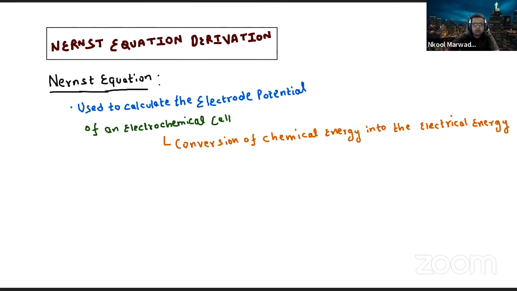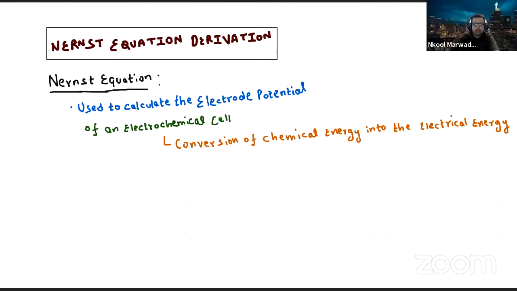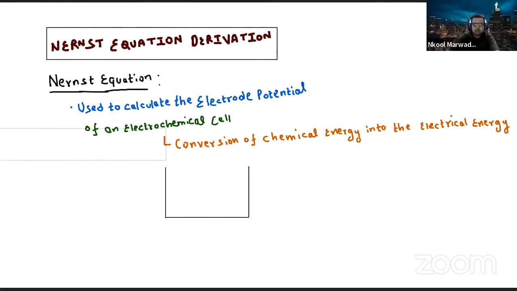For example, I have a cell like this. Like I have a container. Then I can make use of two electrodes.